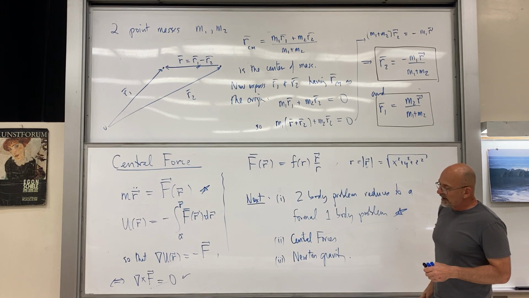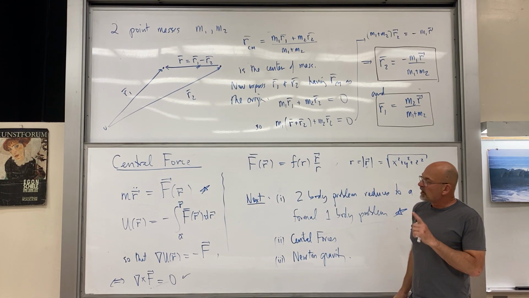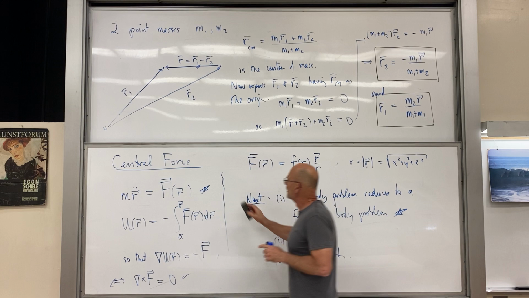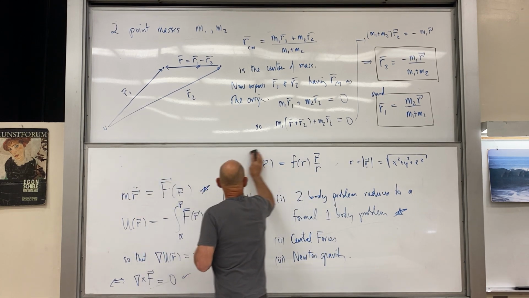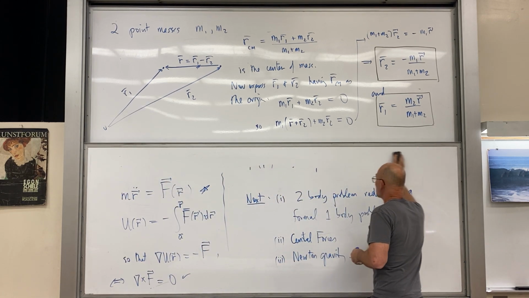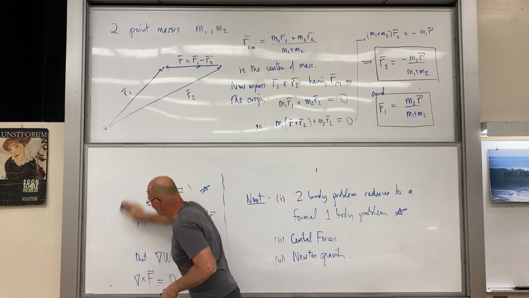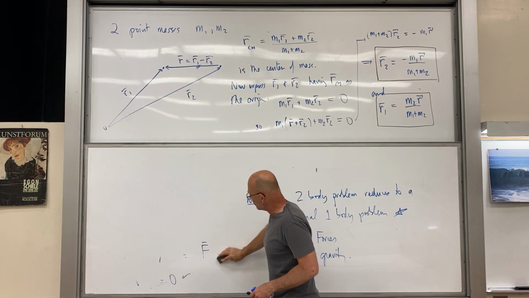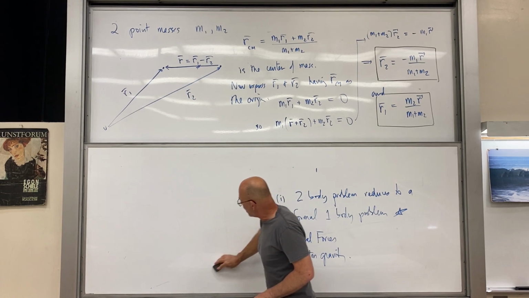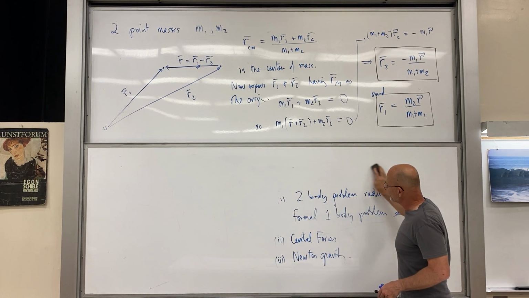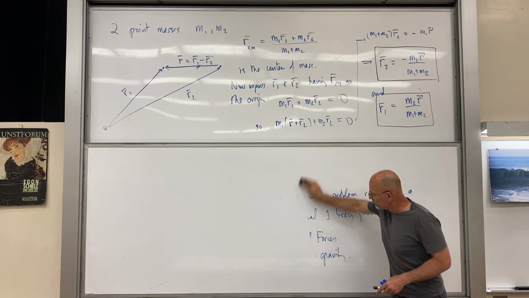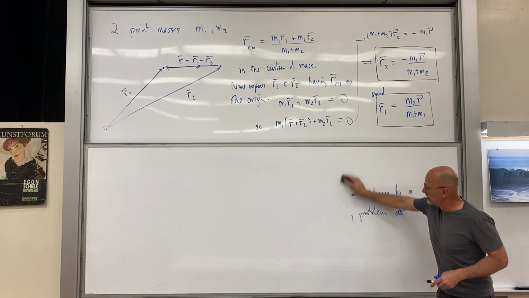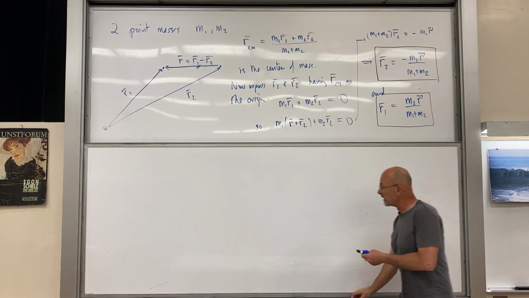So what we're going to do next is write down Newton's law for each of those two particles. And now we're going to bring into play Newton's third law, which we haven't really had any reason to discuss up until now.